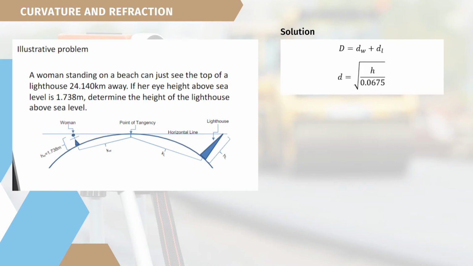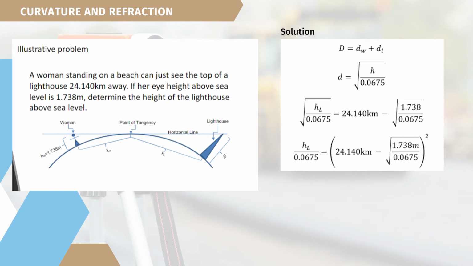0.0675. Since we don't know the height of the lighthouse, we have to derive the formula, and we have here the square root of the height of the lighthouse divided by 0.0675 is equal to the total distance, which is 24.140 kilometers, minus the square root of the height of the woman, which is 1.738 meters, divided by 0.0675.